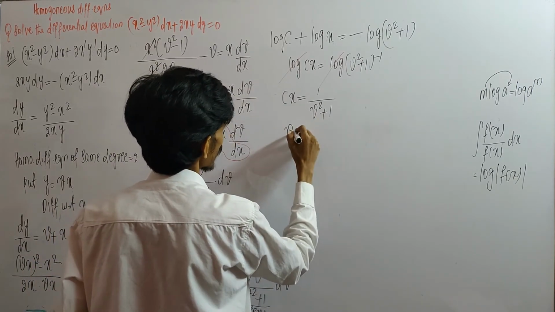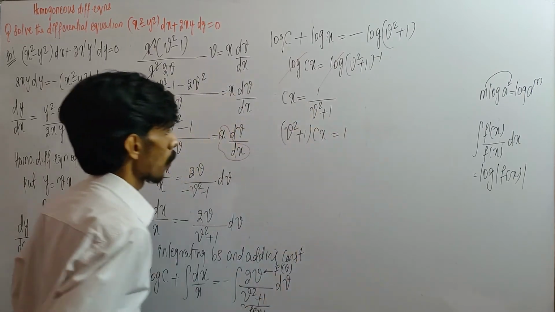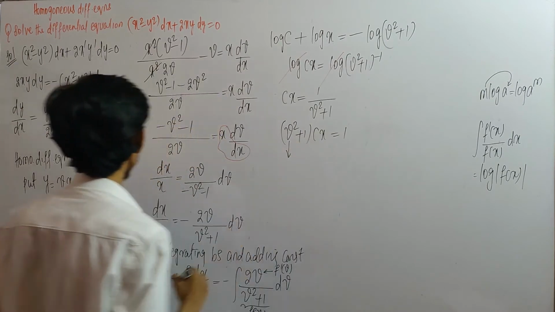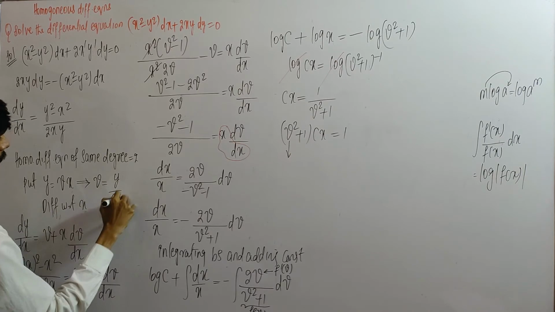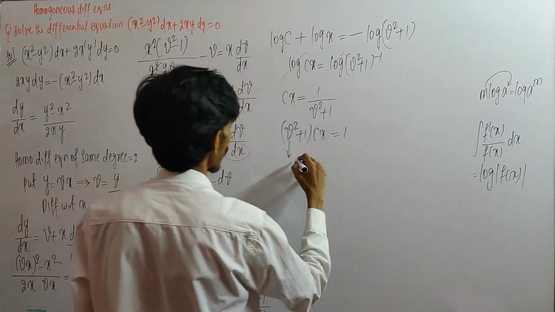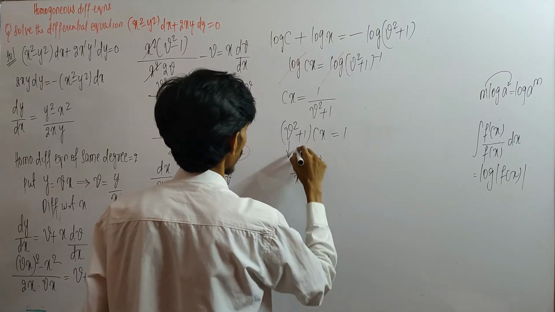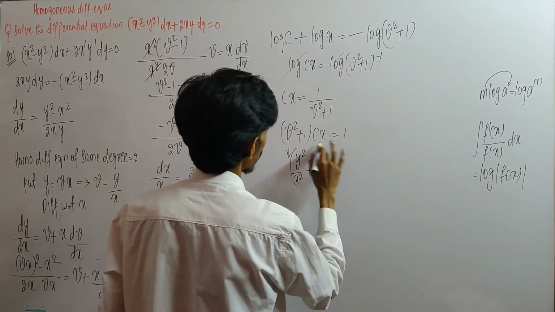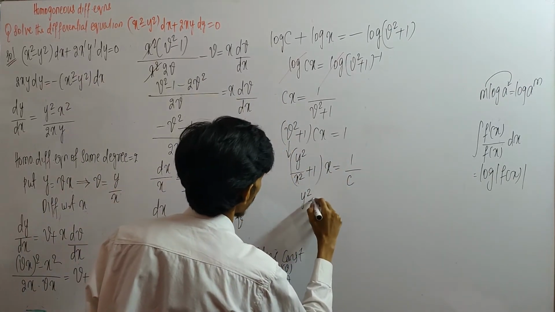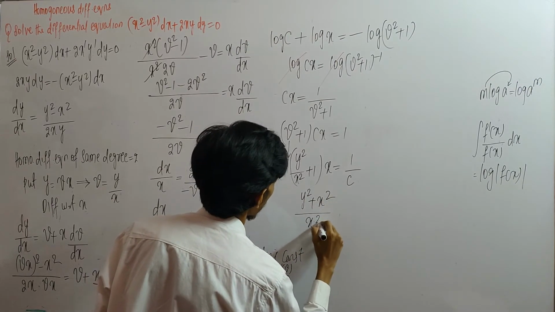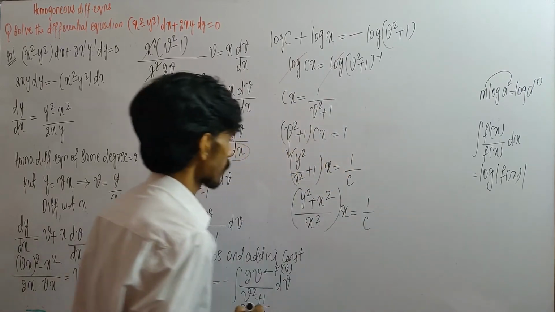Take this v square plus 1, here we have cx is equal to 1. Now this v value is y by x. So this will become y square by x square plus 1 into x, send this c to that side, it will become 1 by c. So here I'll get y square plus x square upon x square into x is equal to 1 by c.